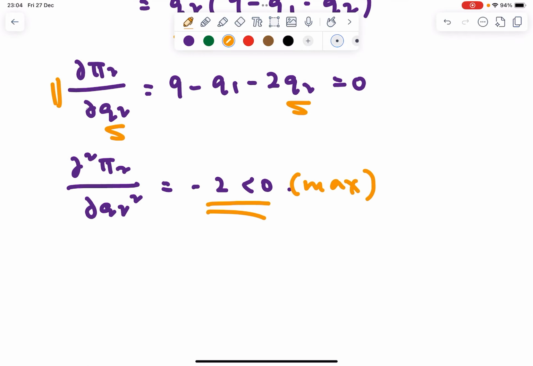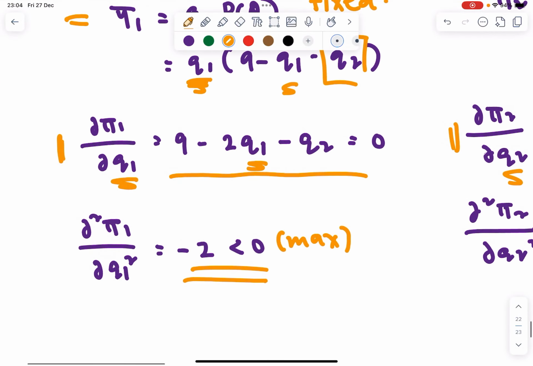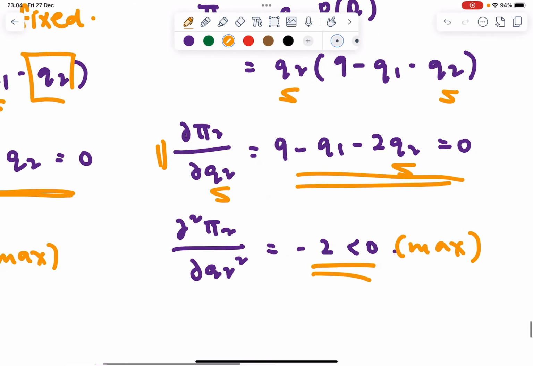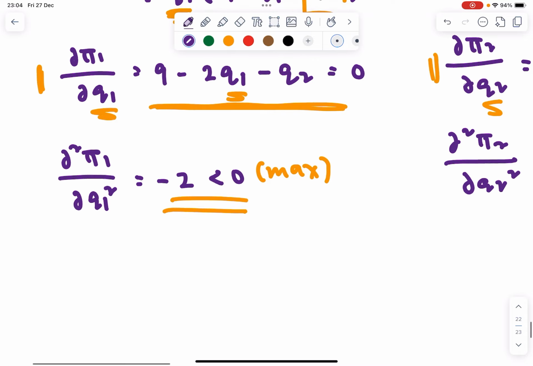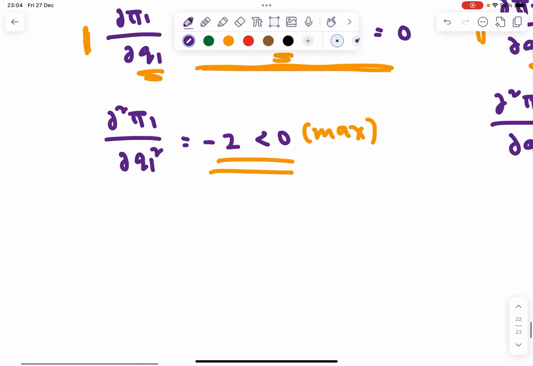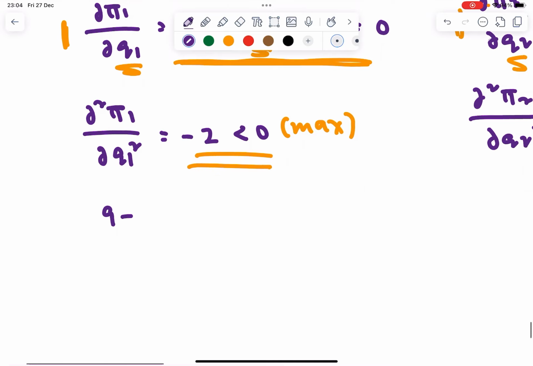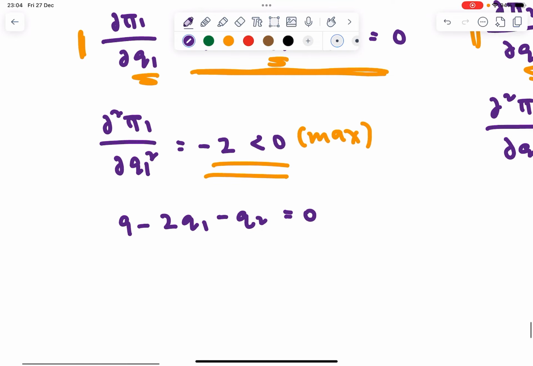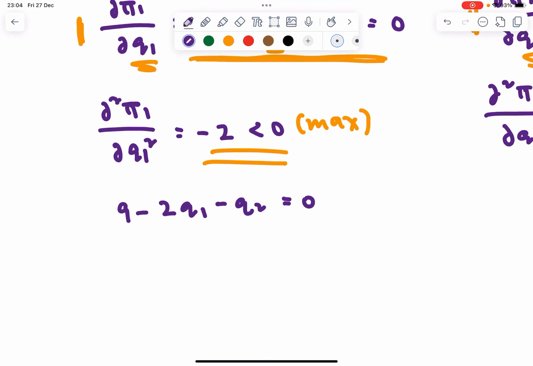So the profit maximizing condition for firm 1 is this, and the profit maximizing condition for firm 2 is this, right? So if we rearrange it, we have 9 minus 2Q1 minus Q2 equals to 0. And remember, firm 1 only chooses Q1, right?